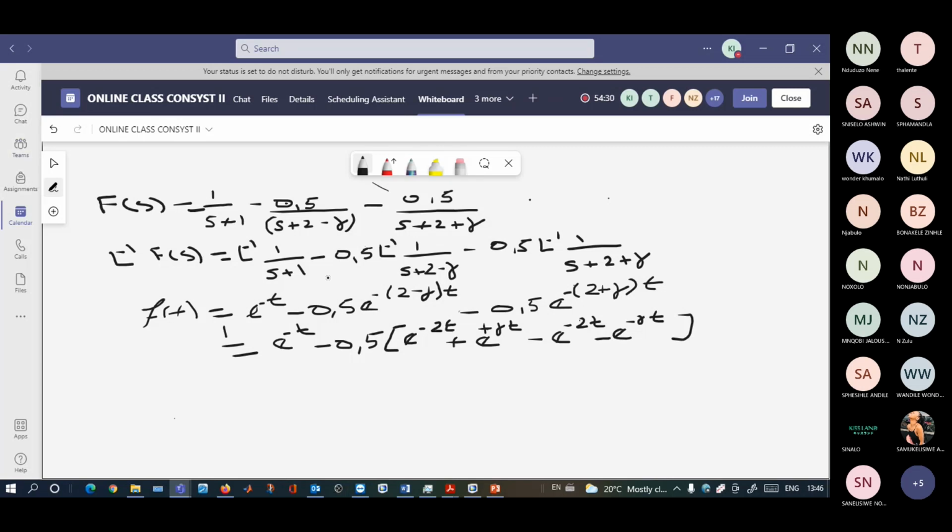When they give you this form here, it can be e exponential this one plus e exponential that one. Are we together? Yes. Okay, so this is what we are doing here now. I think all the e's inside the brackets should be positive, sir. Yeah, because there's minus there. Say I get it now. Thank you very much.